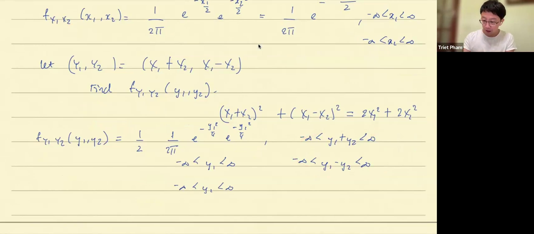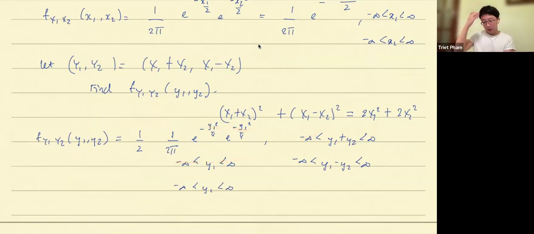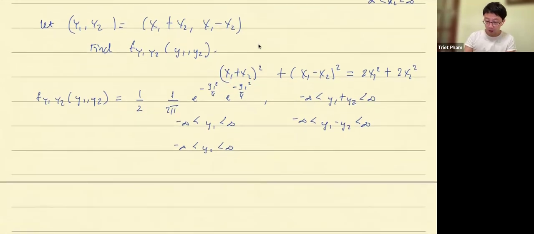Now, last but not least, let's look at this joint density. And what do we see? We see that it's actually split, right? Because it's a product of two functions, each involving only one of y1, y2. In other words, this is 1 over square root of 4 pi e to the minus y1 squared over 4 times 1 over square root of 4 pi e to the minus y2 squared over 4.